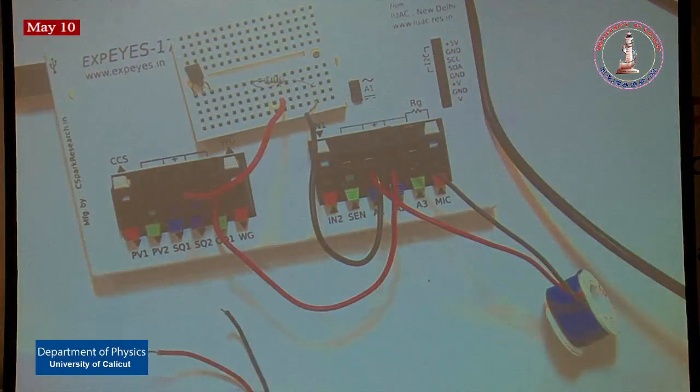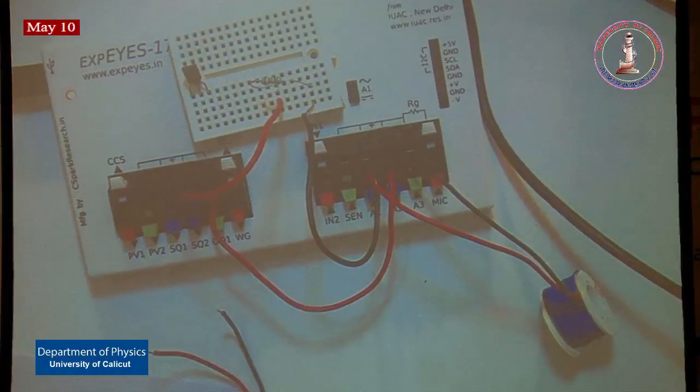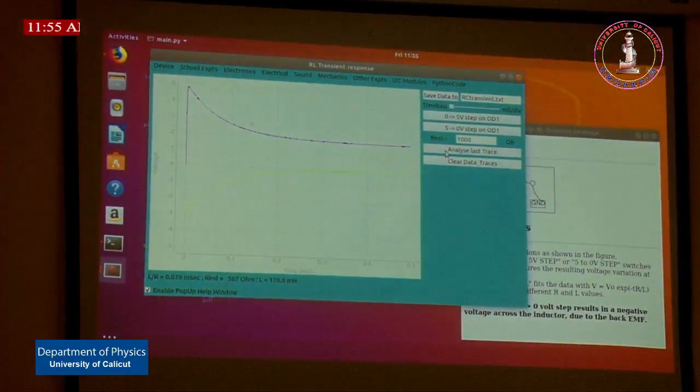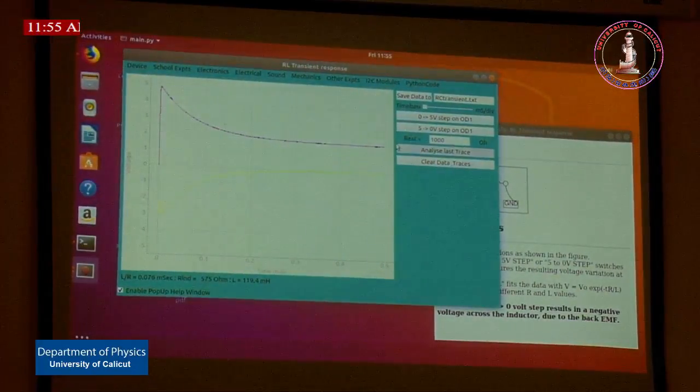Let us measure this. And 115.5. Write down that also.